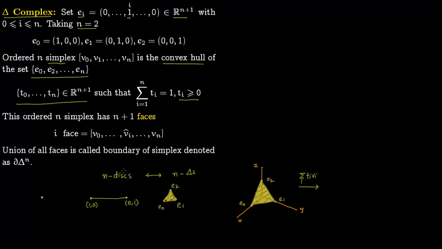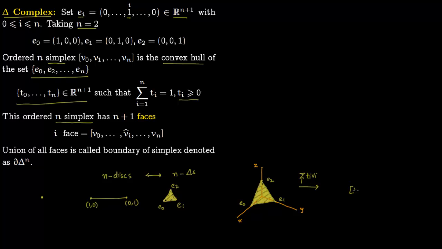Each of these simplices is ordered, in the sense that you put its vertices in order and label them V0, V1, V2, V3 and so on. For a general simplex, instead of unit vectors you could have any vertices, and you have a standard map from the standard simplex to any simplex.